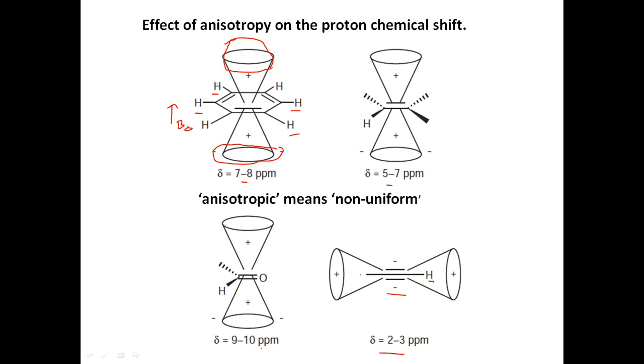Here this is a pi electron cloud with respect to a C double bond group, that's why it shows 9 to 10 ppm shift values. So this is an anisotropic effect, based upon the electronic cloud around the proton system. How the proton exists in that electronic cloud will affect its chemical shift value. Anisotropy itself means a non-uniform electronic cloud.